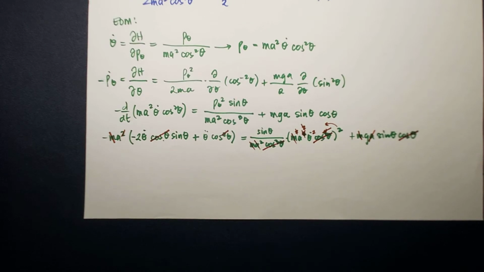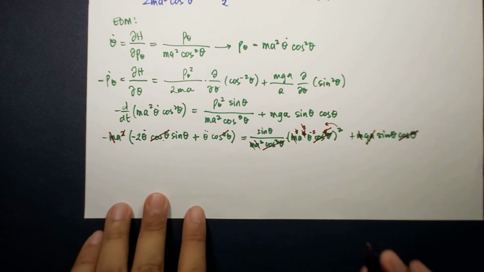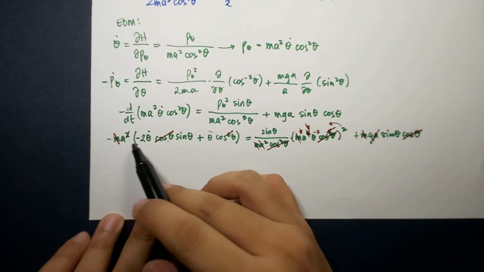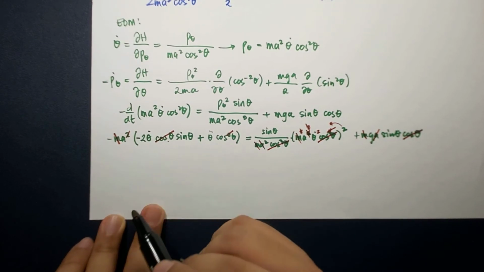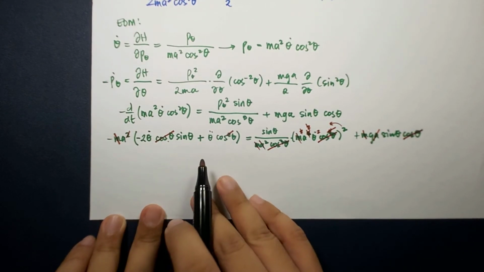Okay, so let's clean this up. We now have your equation of motion, which is negative, negative, that's positive. Sorry, this should be, sorry about that.